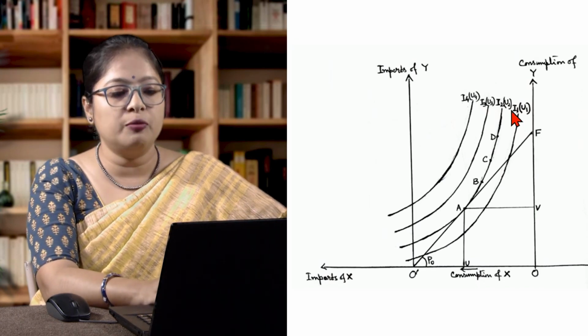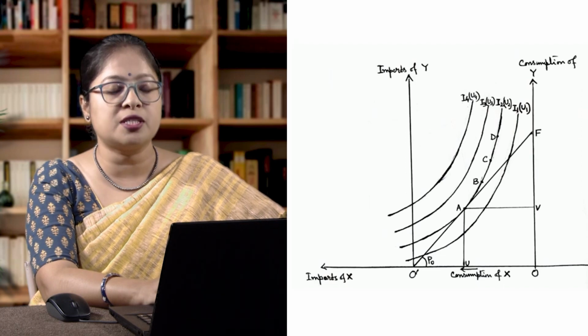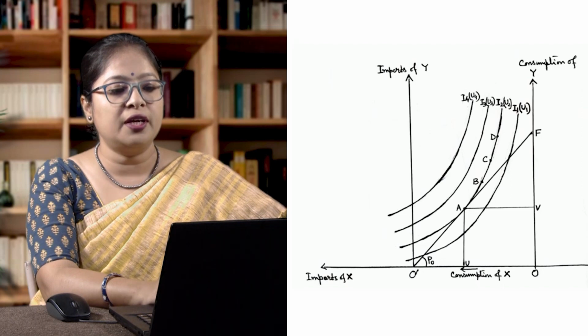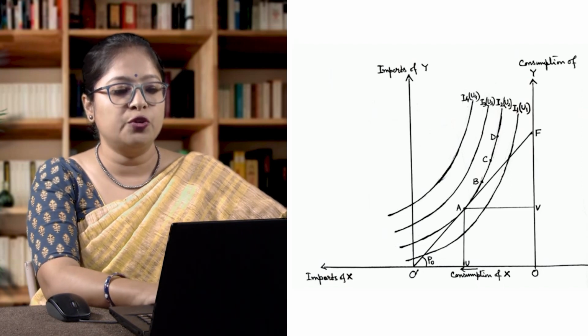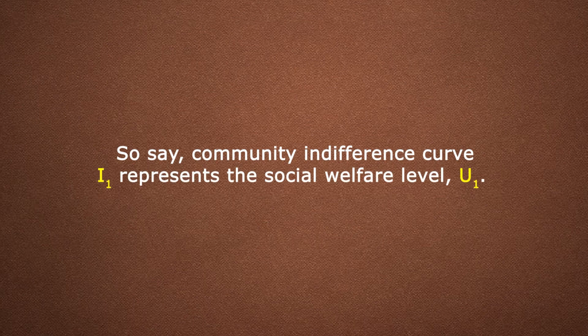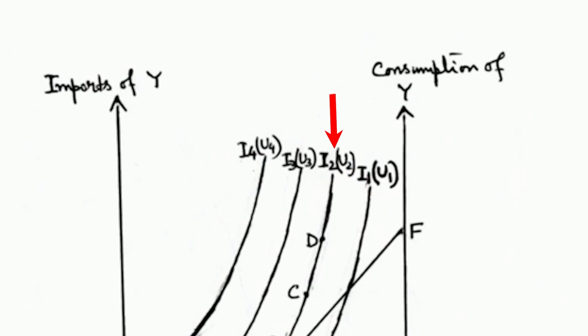Each community indifference curve represents a particular level of social welfare that is also denoted within the bracket, that is U1, U2, U3, and so on. So, community indifference curve I1 represents the social welfare level U1. Similarly, I2 represents the social welfare level U2, and so on.